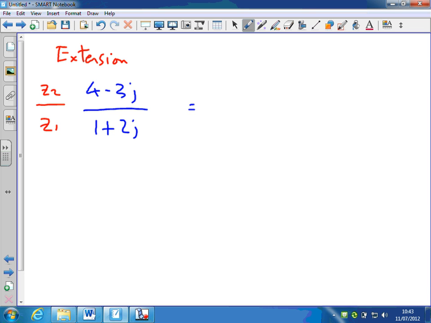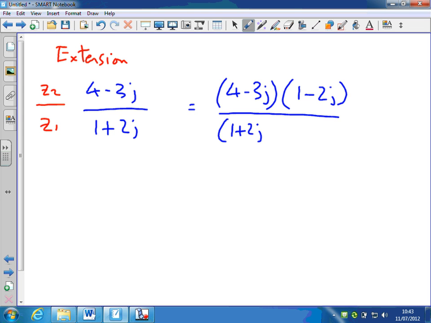So this equals 4 minus 3j times 1 minus 2j over 1 plus 2j times 1 minus 2j. So you can see here that actually this fraction is exactly the same as this fraction. All I've done is multiply top and bottom by 1 minus 2j. So I could easily cancel them out and I'd be left with the same as I had before.